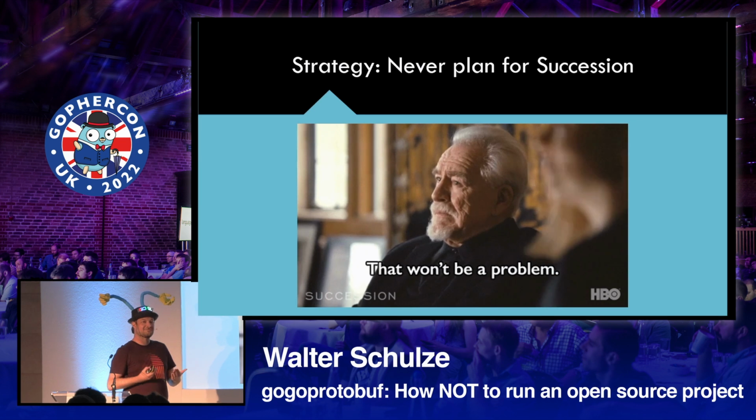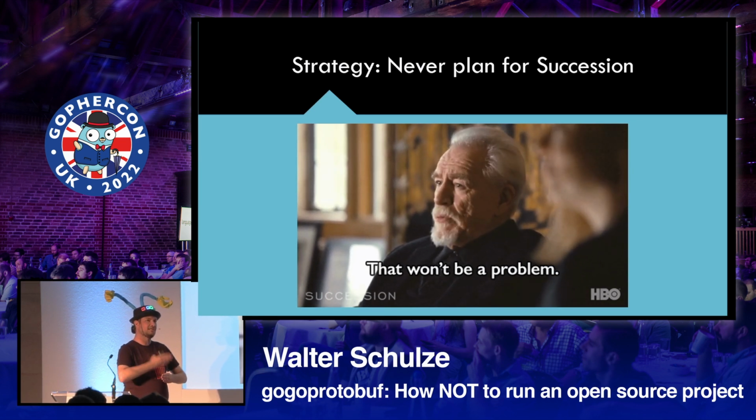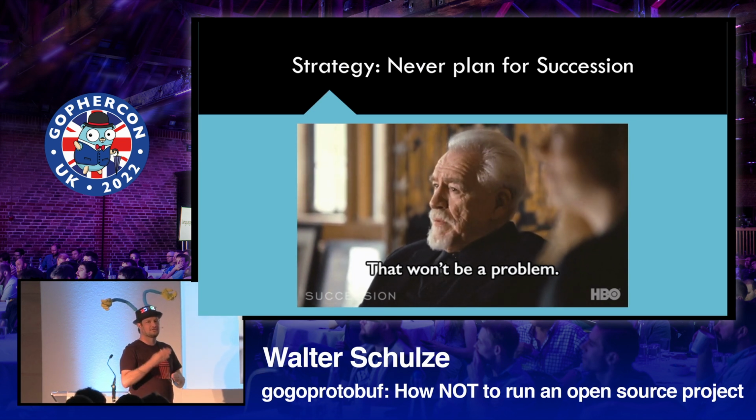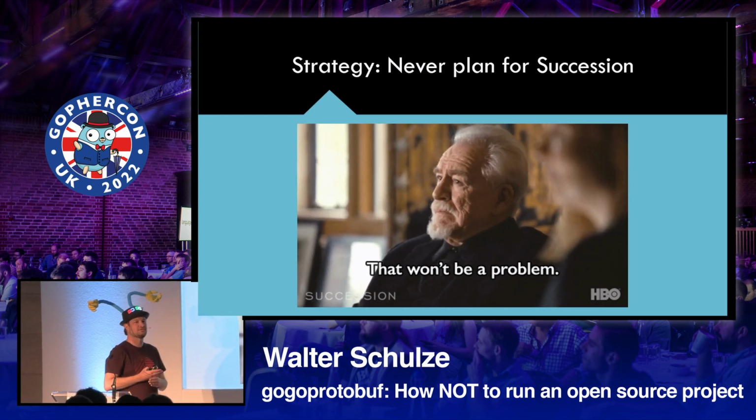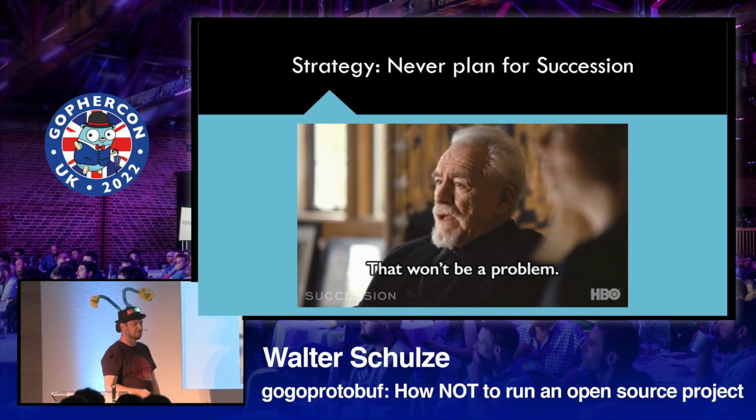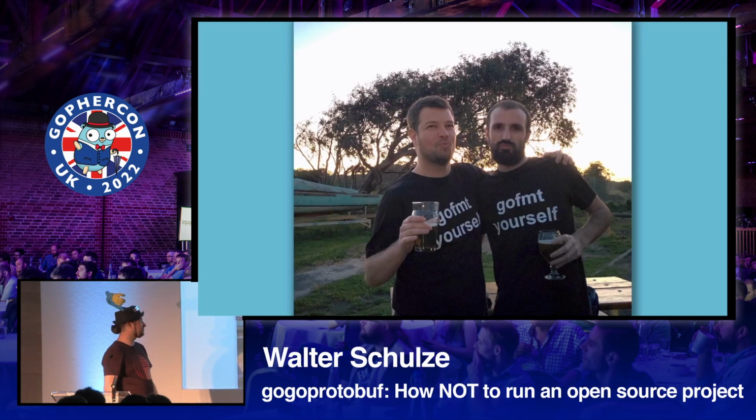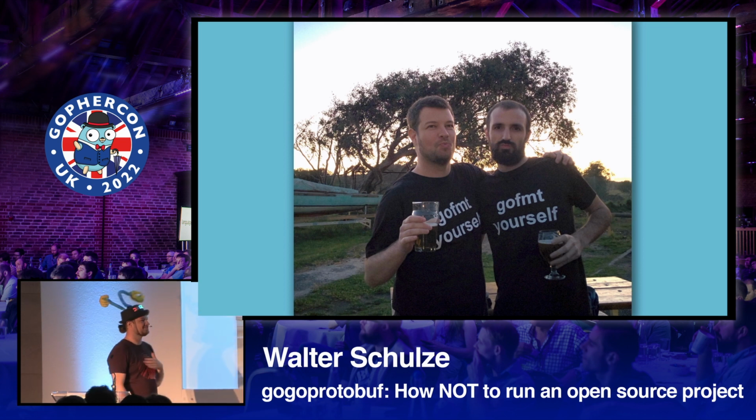But since I had not planned for succession, you never know when you need to really get out of a project, and then you won't have time to do the handover. So at this point, it was really chaos. Luckily, I found some friends at the company where gogoprotobuf all started. So this is Jacques Marais, and he knows how to do a blue steel, and I don't.